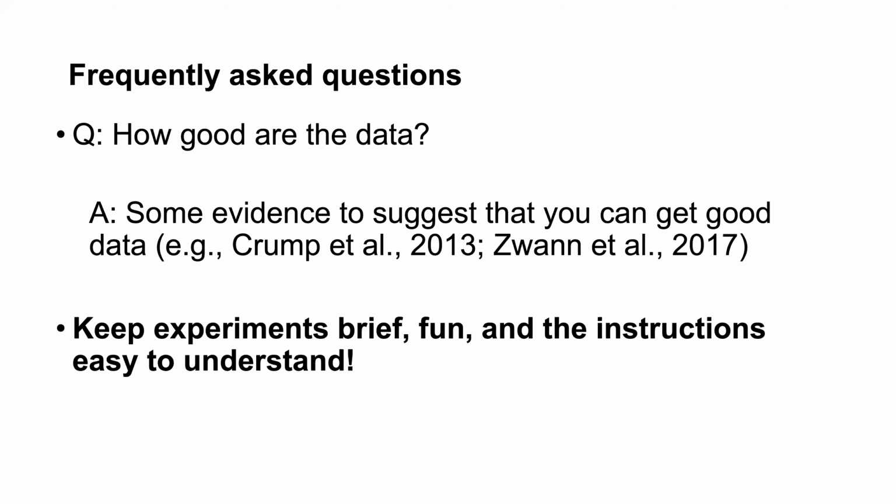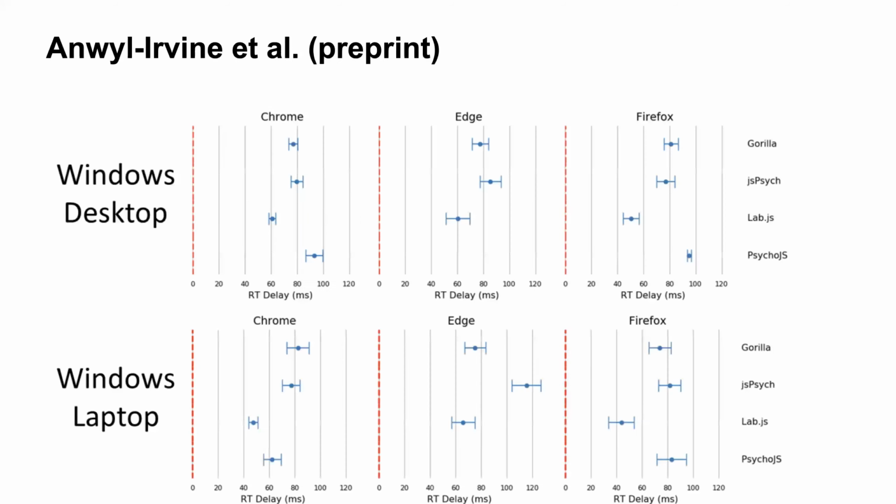But we can look at some data. This is a preprint from Anwar Irvine's group. They work with Gorilla, and they released a study a couple months ago, it's a preprint now, where they looked at timing precision for a couple different scenarios. They looked at reaction time delay: when you press a button, what's the delay until the program registers that.